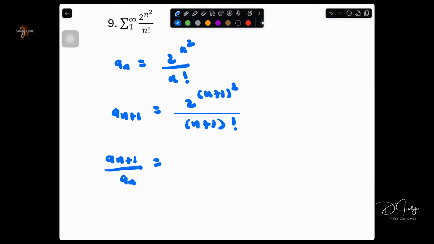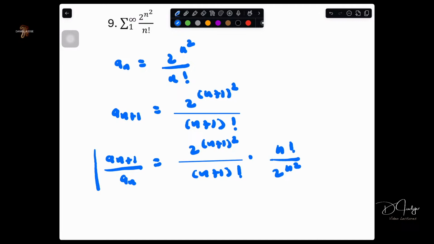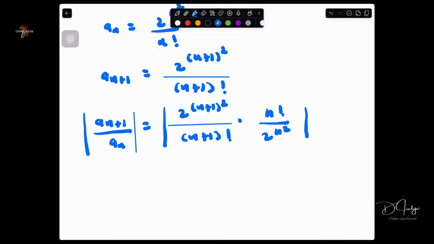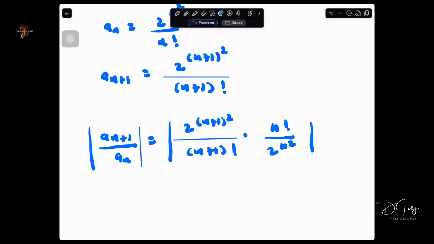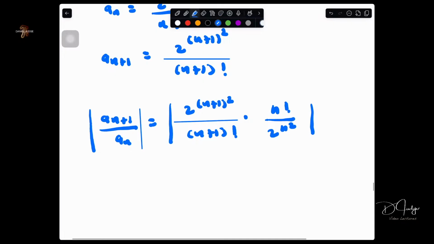So, looking at the ratio, we get 2 to the (n plus 1) squared over (n plus 1) factorial times n factorial over 2 to the n squared. We need to see what happens with this by using some algebra.